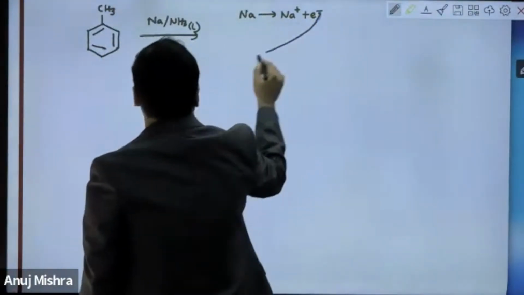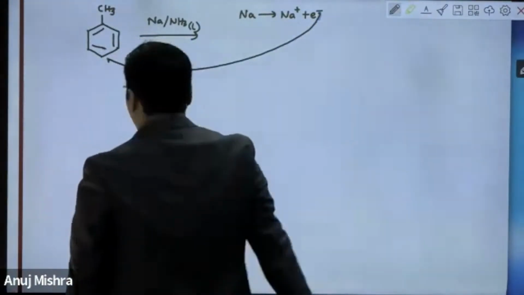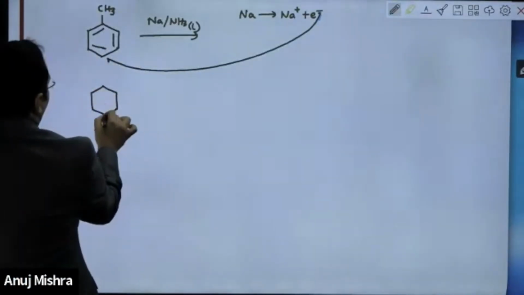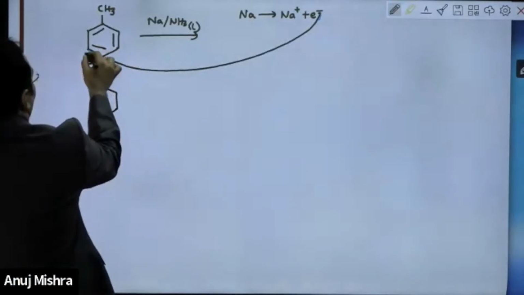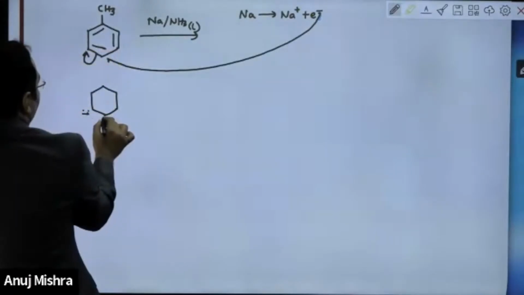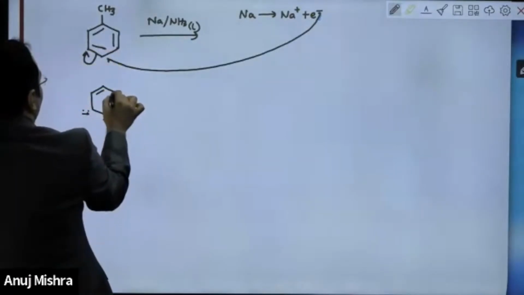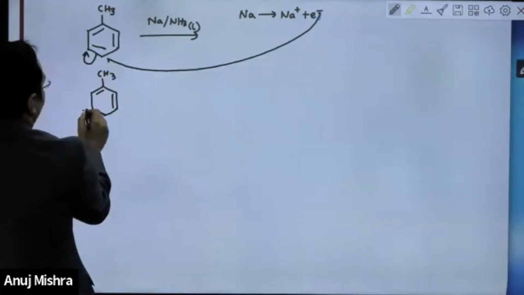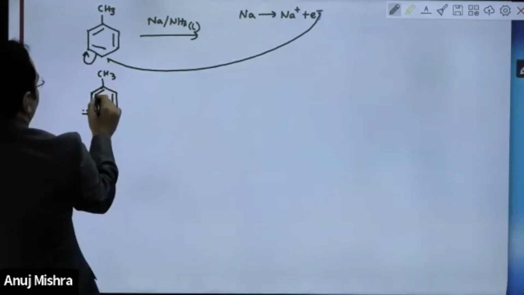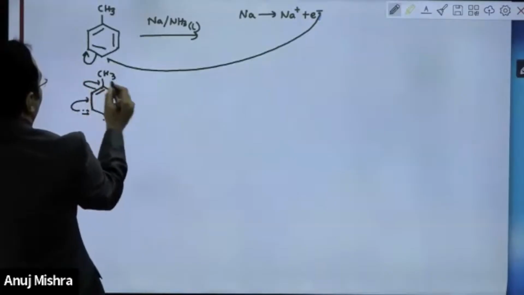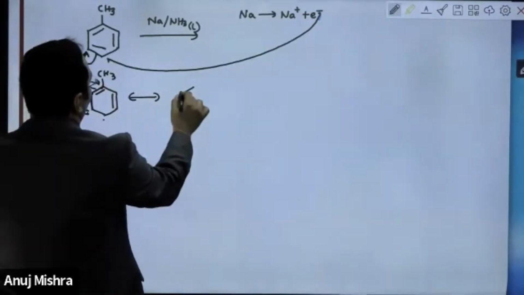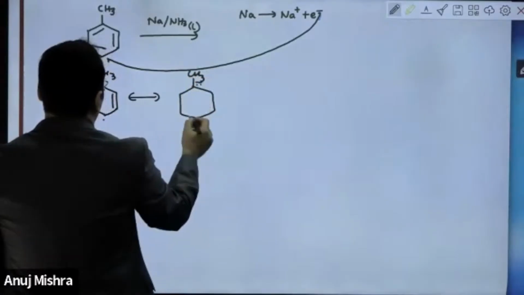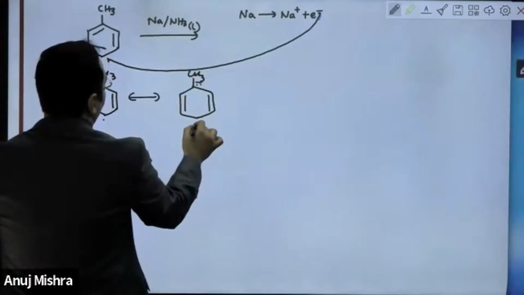So let's take this attack here. What will it become? This is attacked, so this bond will break towards this part. This is negative, this is radical. CH3. Now, negative, single, double. So this negative should move here. And as soon as you move it, this will become negative, double, double, radical.